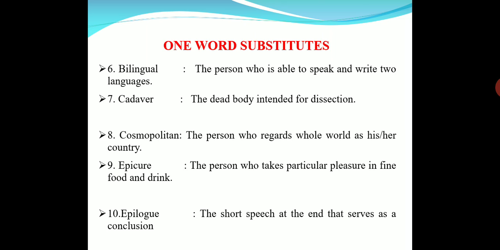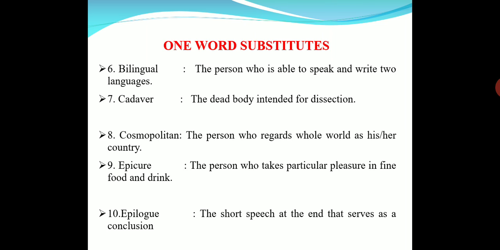For a magnanimous person, the whole world is a family, not just a country, even a family. So, cosmopolitan is such a person. Epicure. Epicure means the person who takes particular pleasure in fine food and drink. That means he loves fine food and fine drink.